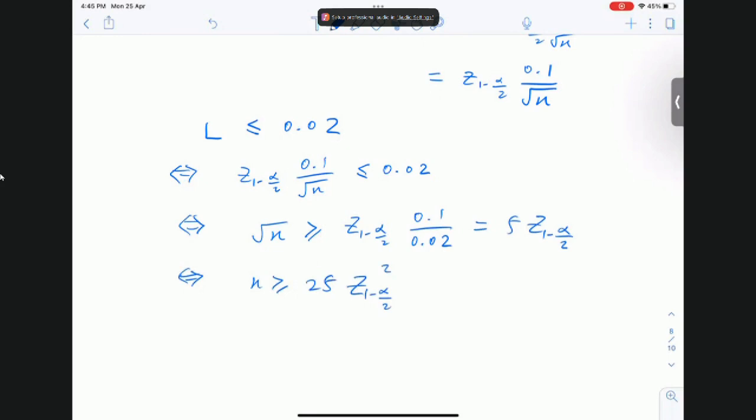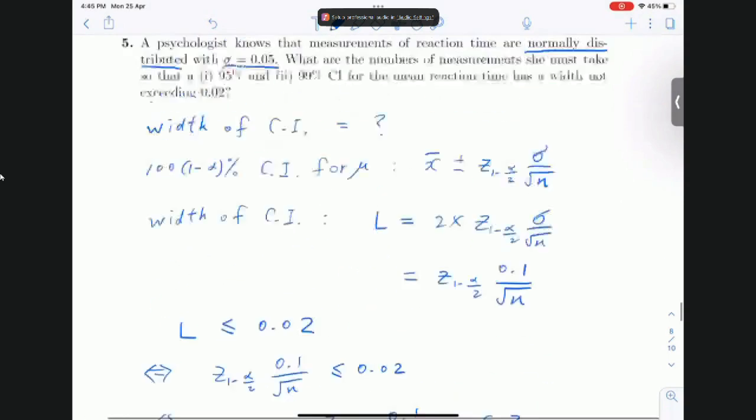We find that the sample size we need, the number of measurements we need to take, will be at least 25 multiplied by this quantile squared. This is done by solving this inequality based on our requirement. It depends on which coverage we need.